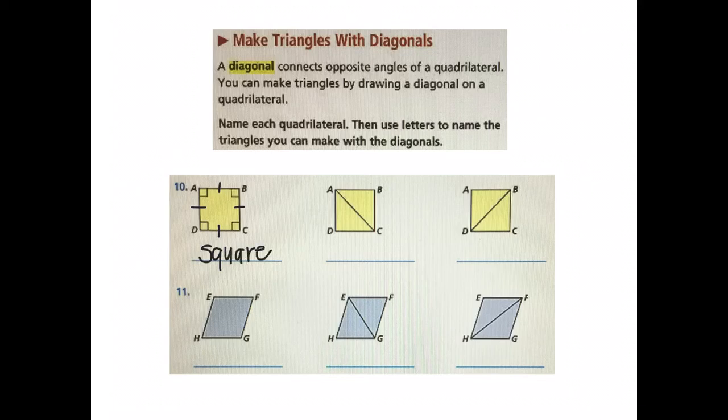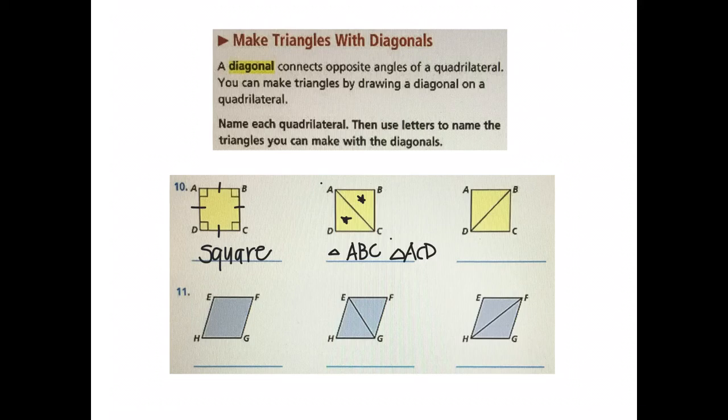Now, the first diagonal they did was connecting A to C, so that creates two triangles here. The first triangle is triangle ABC, and the second triangle they created is on the other side of the diagonal here, triangle ACD.